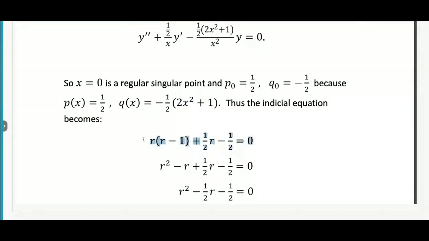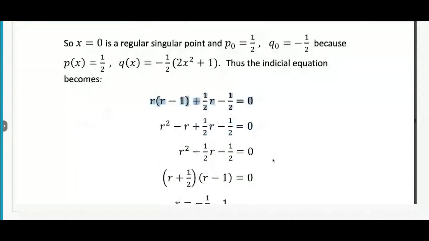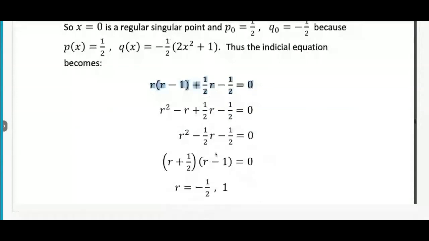So we have our initial equation. Then we simplify. We multiply by 2 on both sides, since it's easier to see. We get 2r squared minus r minus 1, which we can factor as 2r plus 1 times r minus 1 equals 0.